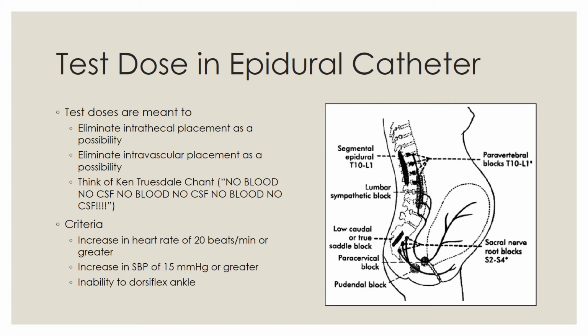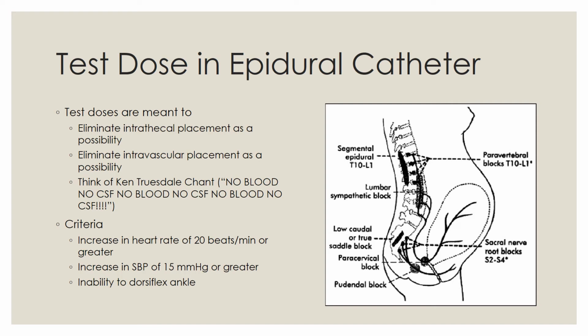So criteria. Test doses are combined with lidocaine. It's usually 1.5% lidocaine with 1 to 200,000 epinephrine. So if the catheter is in the blood vessel, you'll see an increase of heart rate due to the epinephrine, and a positive test dose is considered greater than 20 beats per minute increase over baseline.